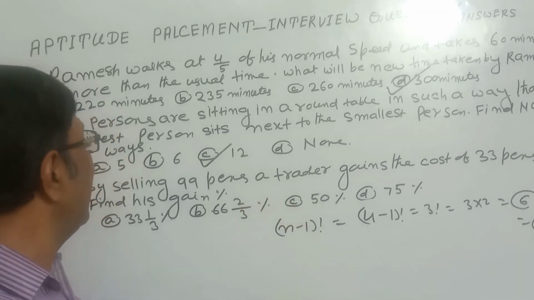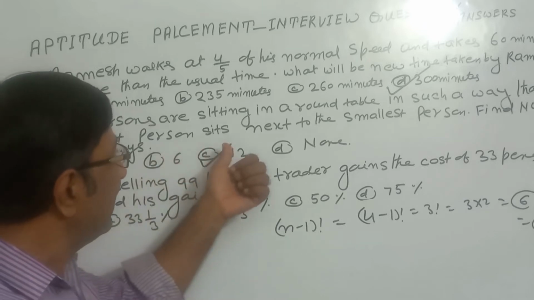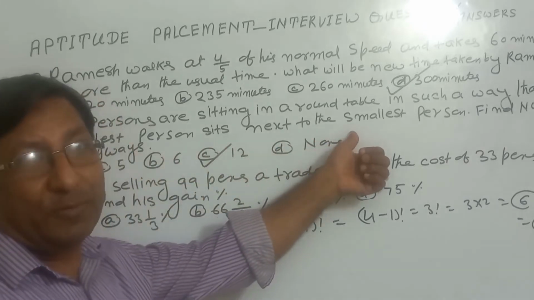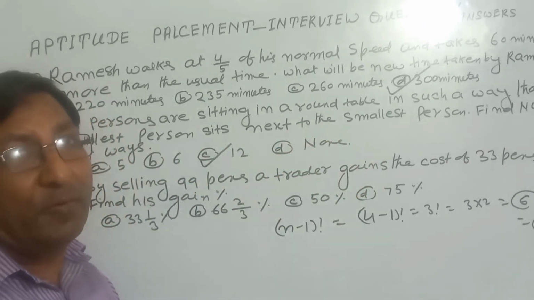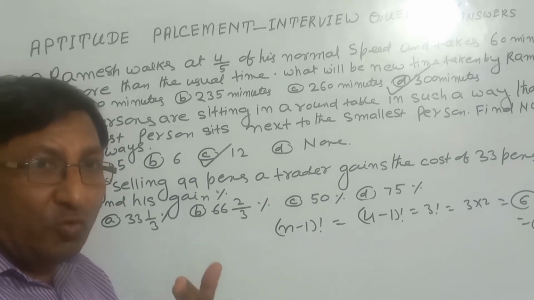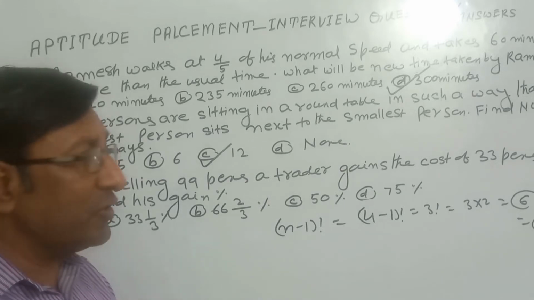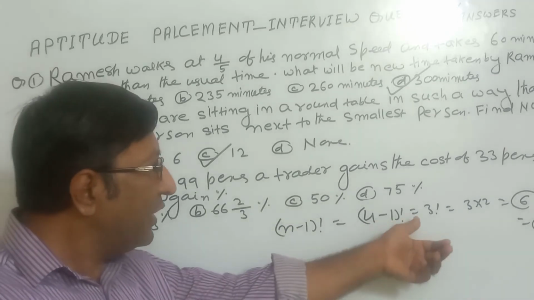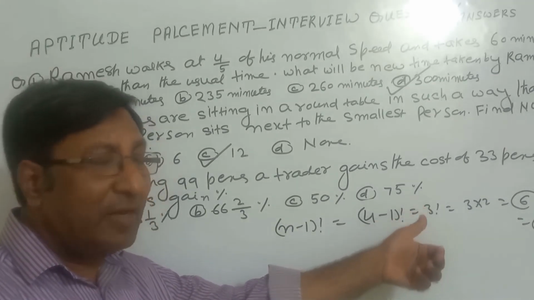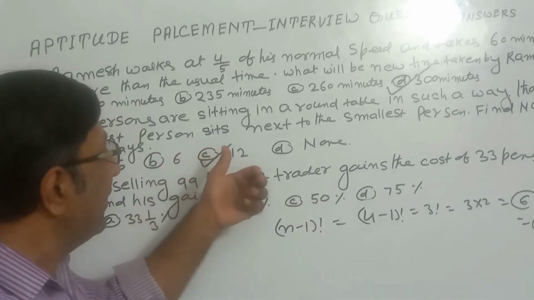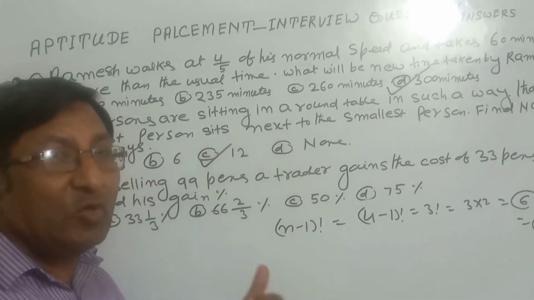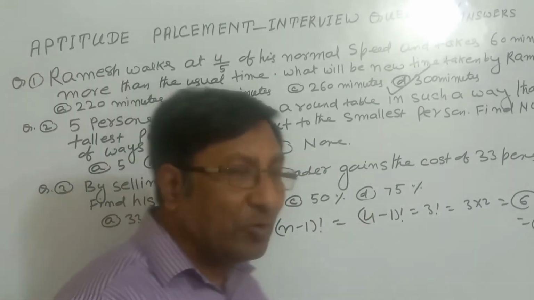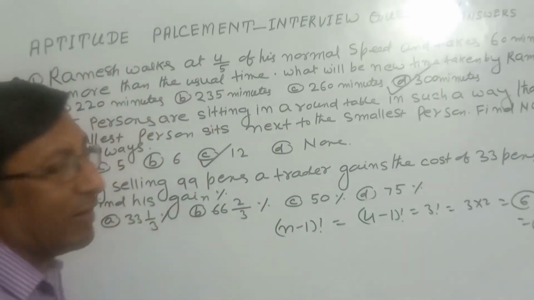But here the condition is that the tallest person sits next to the smallest, so they always sit together. So these 2 persons become 1 person. So we get 4 minus 1, so this is 3 factorial, which is 6. But now these 2 persons can be arranged in 2 ways. So 6 into 2, 12. So 12 is our right answer.